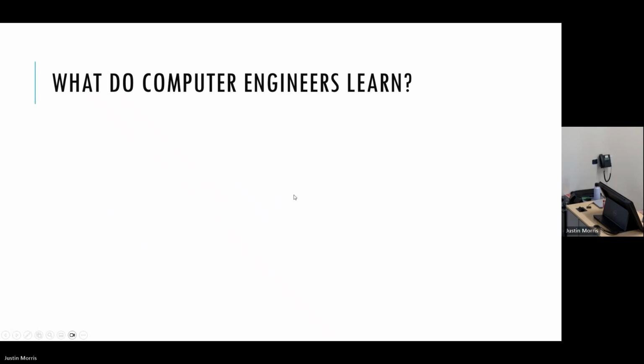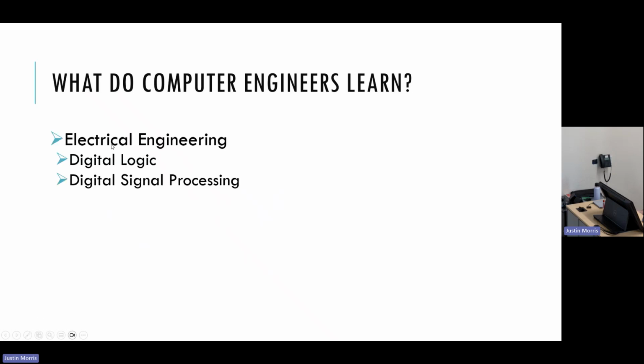We already talked about this a little, right? From electrical engineering, we need to know digital logic design. We need to know signal processing, not just digital signal processing, but signal processing. Those are our key components. And in order to know these things, you needed to learn physics at some point, right?